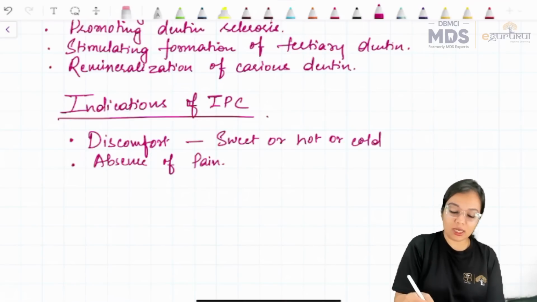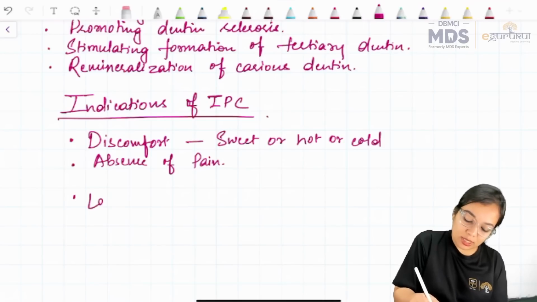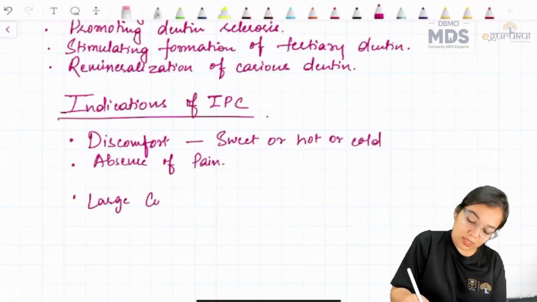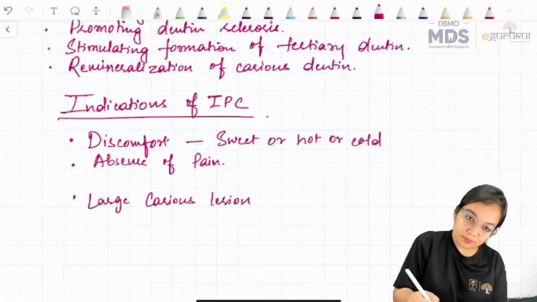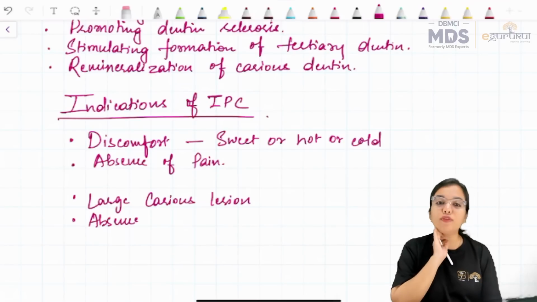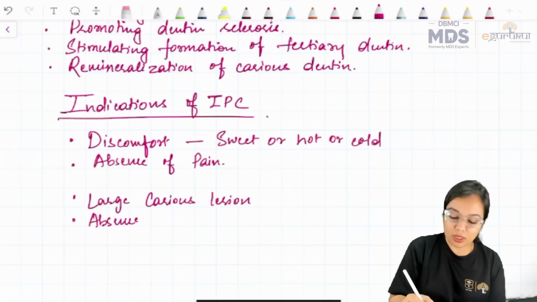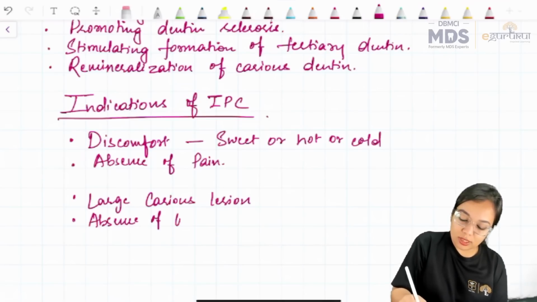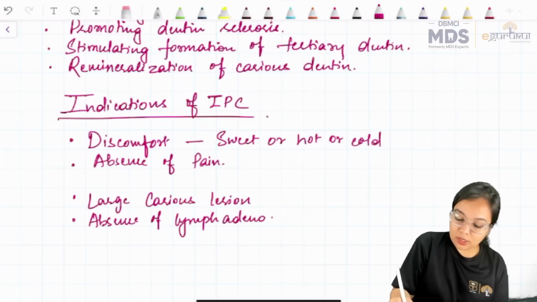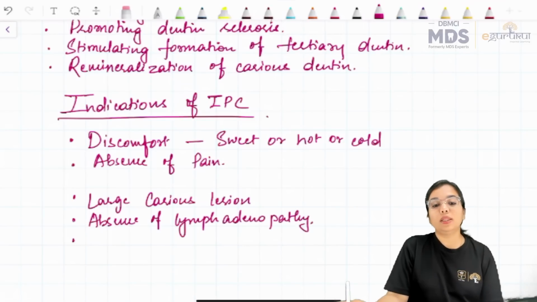Then when we look at the tooth clinically, we see a large carious lesion present. There is absence of lymphadenopathy, that means the lymph nodes that you palpate are non-tender and non-palpable. Then there is normal appearance of the adjacent gingiva.